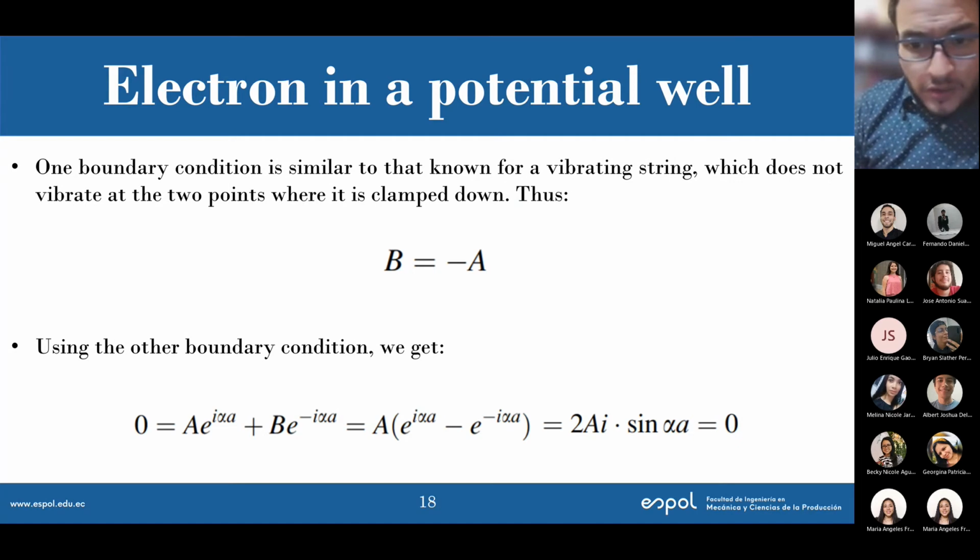For some reason I lost it. Okay, now it should be clear. The one boundary condition is going to be similar to that condition of a vibrating string. So that means it doesn't vibrate at the 2 points where it's clamped down.